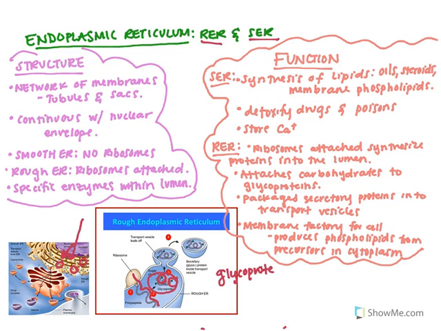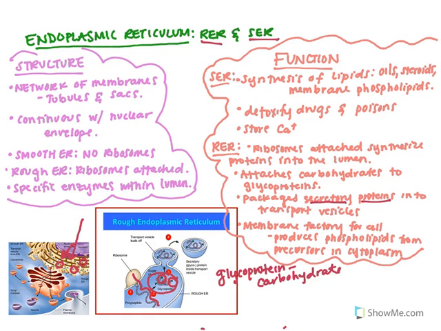Glycoprotein, again, is when there is a carbohydrate attached to the protein. Once the protein is modified with that carbohydrate, it's now a glycoprotein, and we know that it's a secretory protein, meaning it needs to get out of the cell or go to the cell membrane.